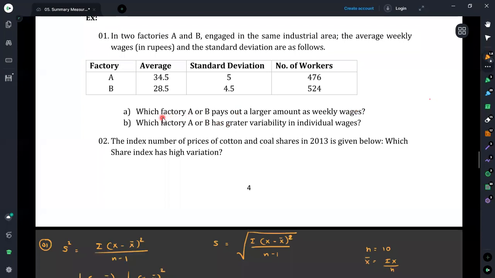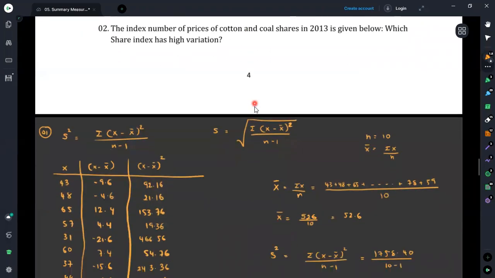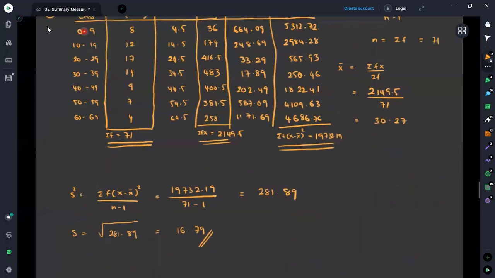The first part is asking which factory, A or B, pays a larger amount as weekly wages. To check which factory pays more, we need to check the total that they are paying. Therefore, we can have the calculation in this way.